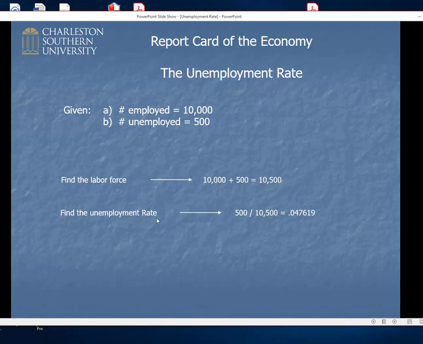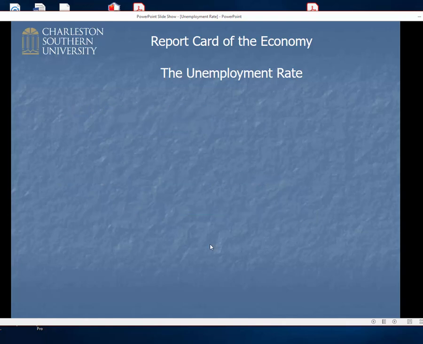So in this particular problem, the unemployment rate is about 4.76%, or in decimal 0.047619. So this is a pretty easy problem, but let me show you how I can make it a little harder. Suppose I gave you the unemployment rate was 4%, and I told you that the number of people unemployed was 500, I might ask you to find the labor force.